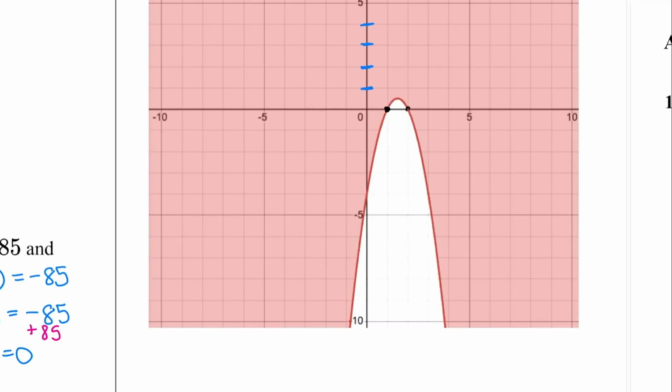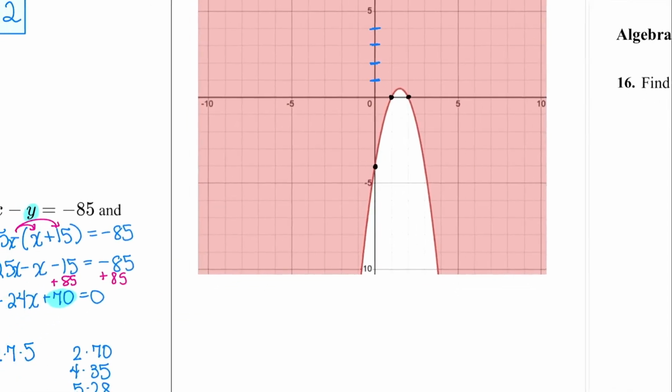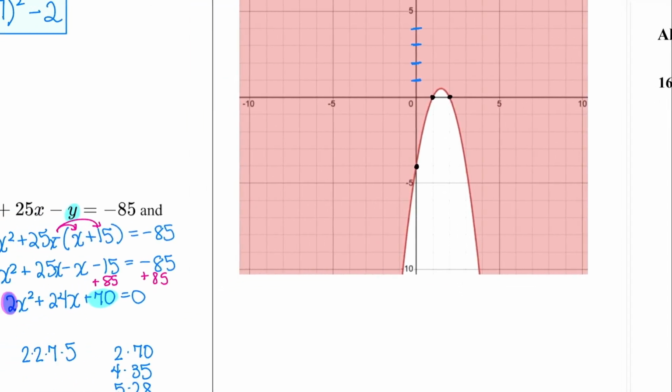Our x-intercepts happen at perfect values, and so does our y-intercept here. So we can go ahead and write out our x-intercepts. That's going to be 1, 0, and 2, 0. In other words, x equals 1 and x equals 2.